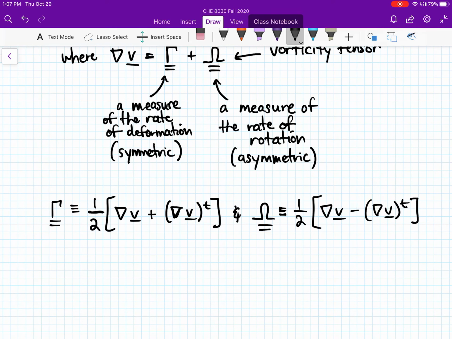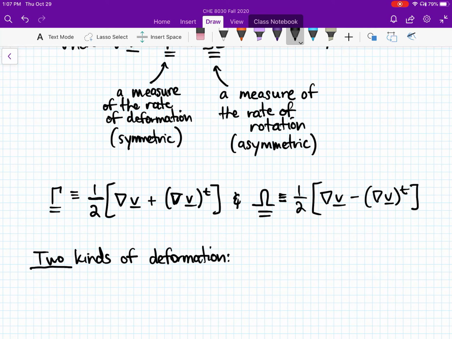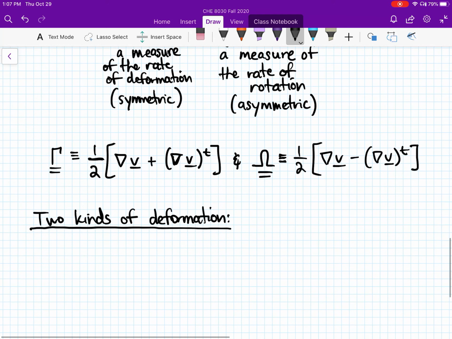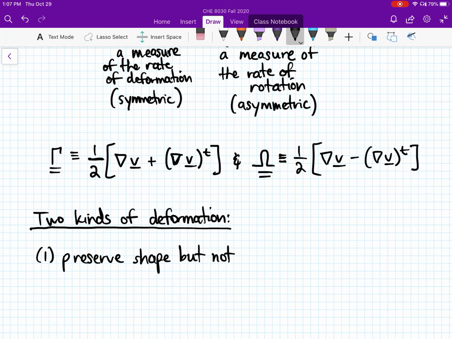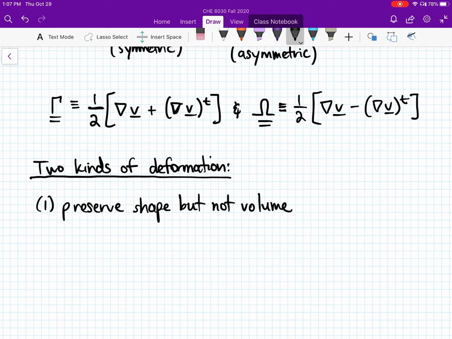There are two kinds of deformation that a fluid can undergo. The first of these is a deformation where we preserve the shape but not the volume. And so that would look something like this.